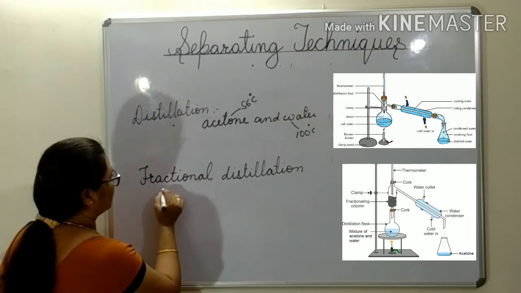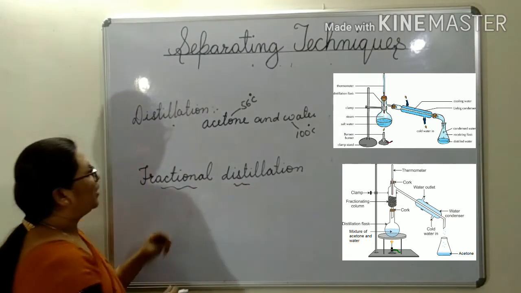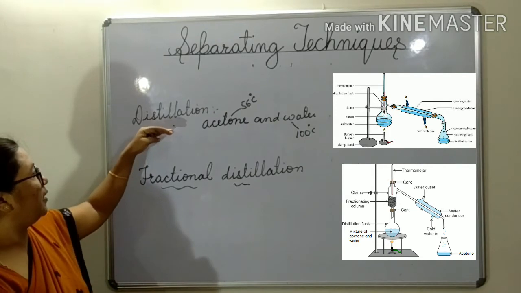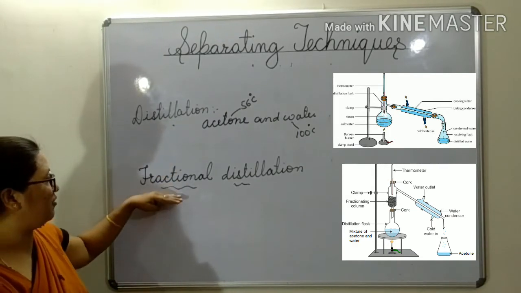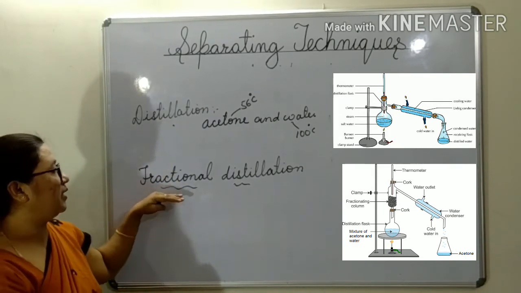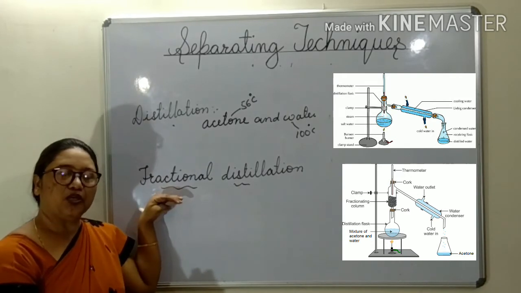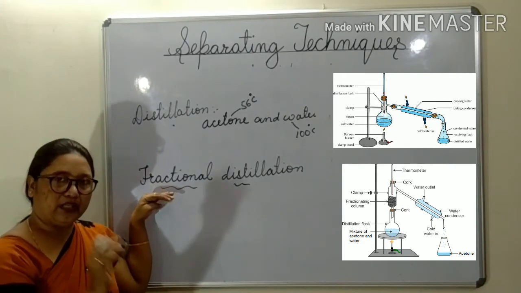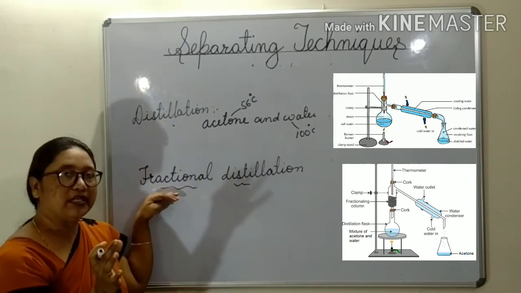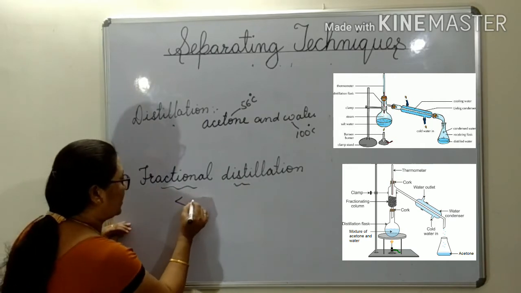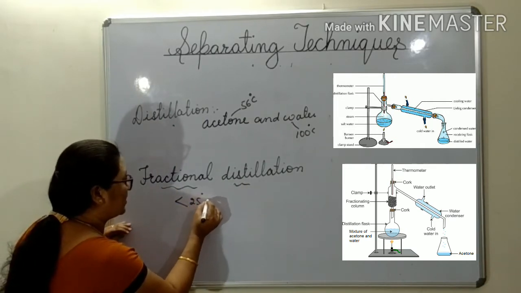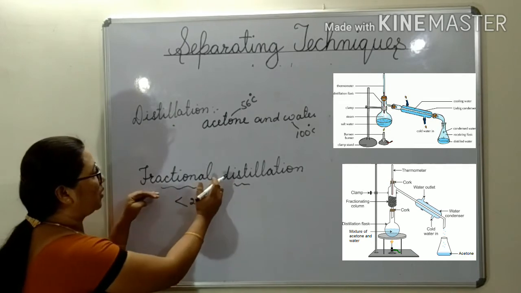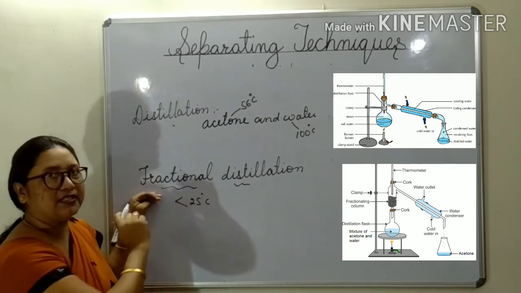Now we will see what is fractional distillation. First let me tell you that in fractional distillation, the difference between the boiling points of the two miscible liquids should be less than 25 degrees Celsius. In that condition only fractional distillation is done.